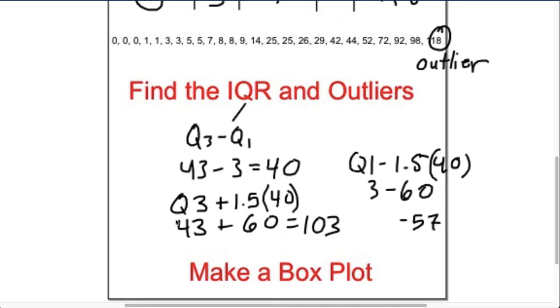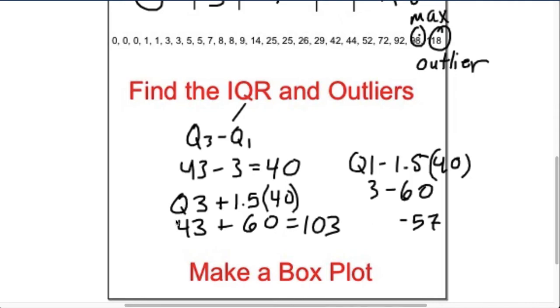And so there is no lower outlier, but the only outlier is 118. And so what you do with outliers on a box and whisker plot is you change it so that the max of the box and whisker plot is now 98. This is your new maximum value.